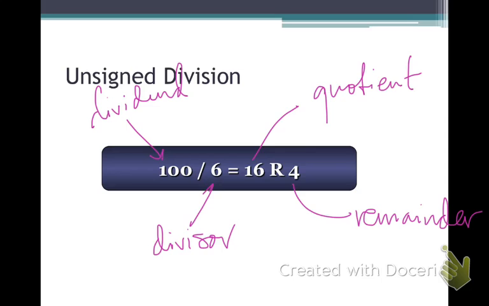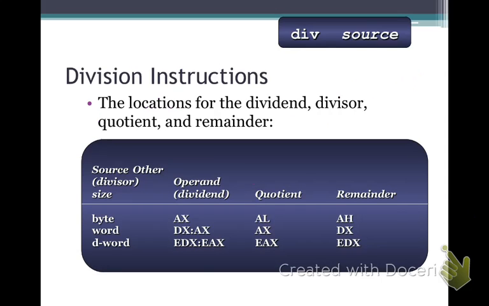Okay? Okay, with unsigned division, it's just that easy. What we haven't talked about, though, is where the quotient and remainder will go. So this kind of gets back to what we were doing just a second ago. So if my divisor is byte, my dividend is in AX, the low order portion of the dividend will become my quotient. The high order portion of my dividend will become the remainder.